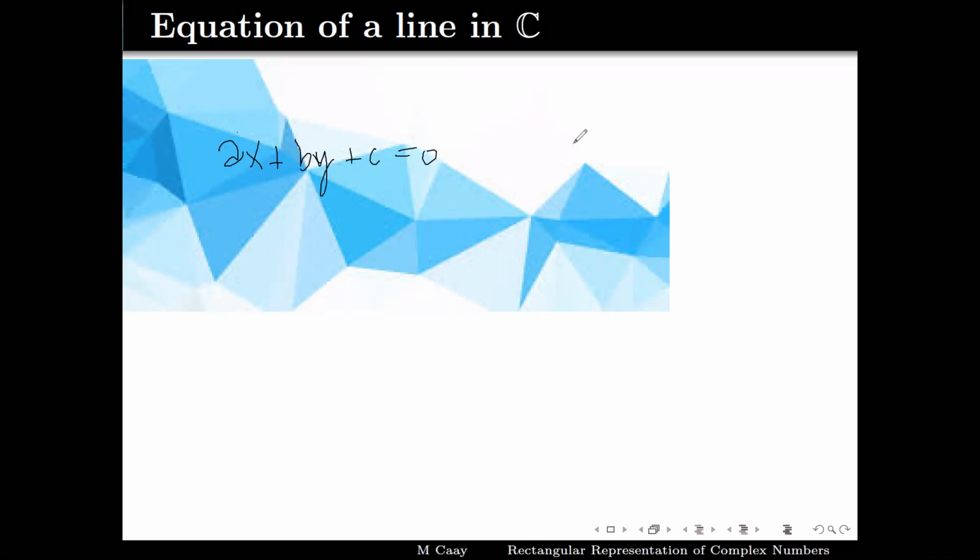And observe that using the properties, we have z plus z bar equals 2 Re(z), so z plus z bar equals 2x, because x is the real part of z, given that your z is x plus iy, or (x, y).